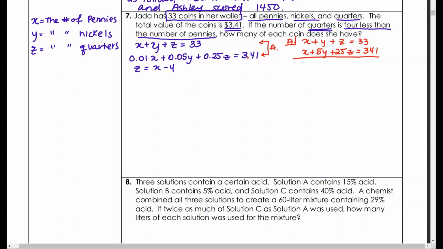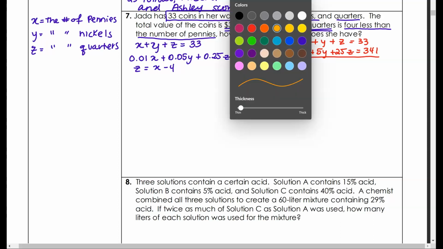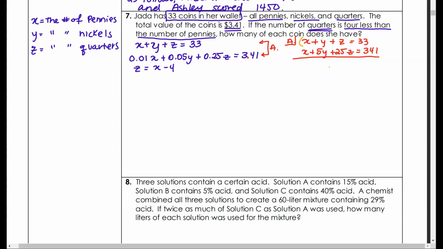So I can do that by multiplying the top. Let's multiply that top equation by -5. And in doing that, we're going to end up with negative 5x minus 5y minus 5z is equal to negative 165. And then I have x on the bottom plus 5y plus 25z equals 341.